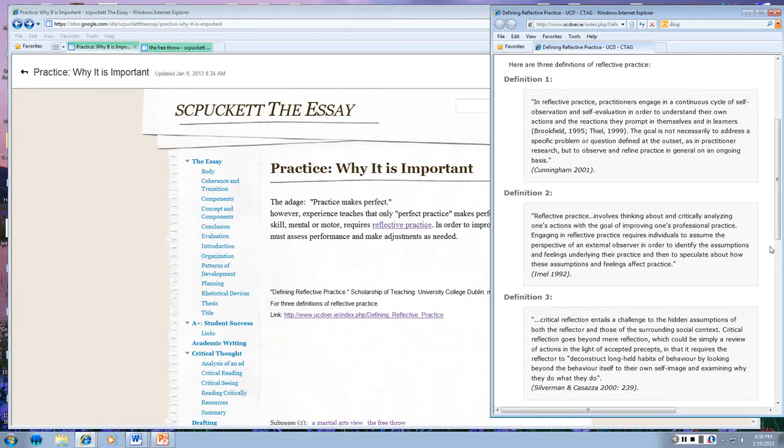And that's the same idea that we're going to apply to writing. We need to identify what we do badly, understand how to make the necessary corrections, and then practice so that we can learn to do it correctly.